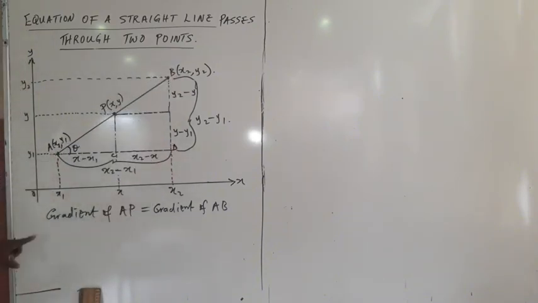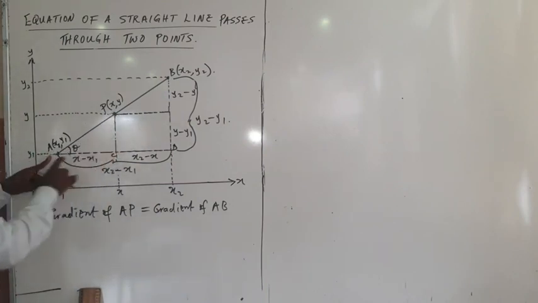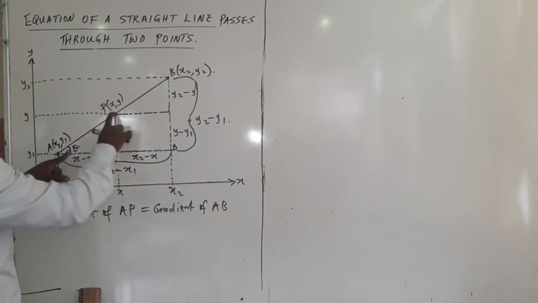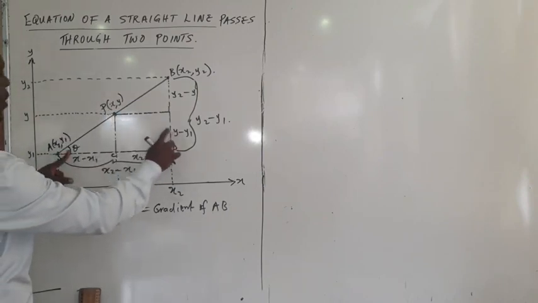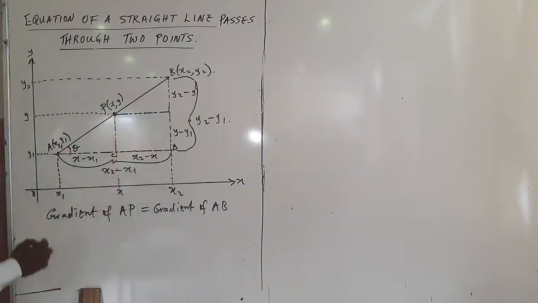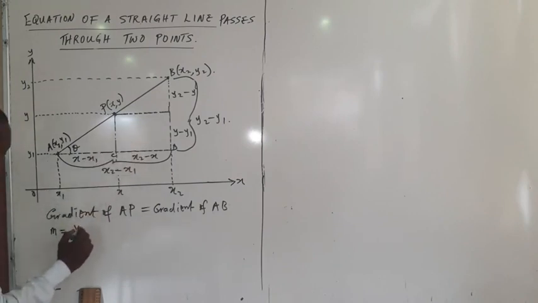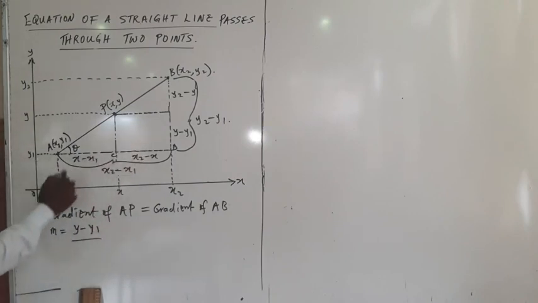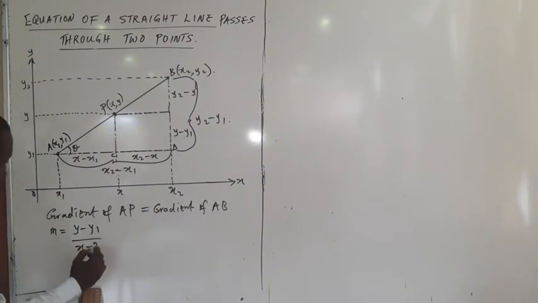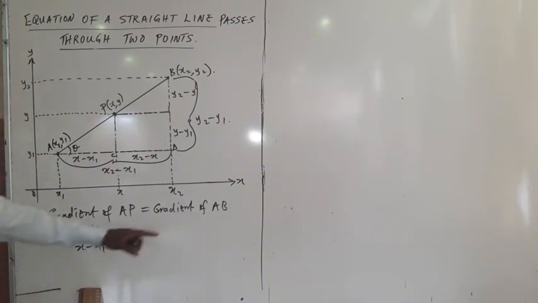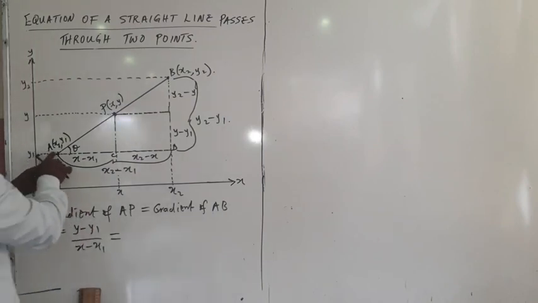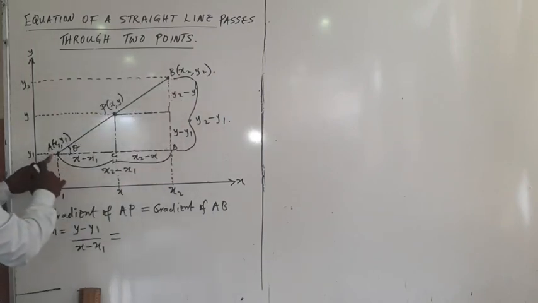So what we are going to do now, we look for the gradient of AP. The gradient of AP is opposite over adjacent. The opposite to theta from triangle APC is y minus y1. So we now have the gradient, which is change in y over change in x. That is m equals y minus y1 all over the adjacent to theta, which is x minus x1. Which is the same thing as the gradient of AB. The gradient of AB is from the big right angle triangle.